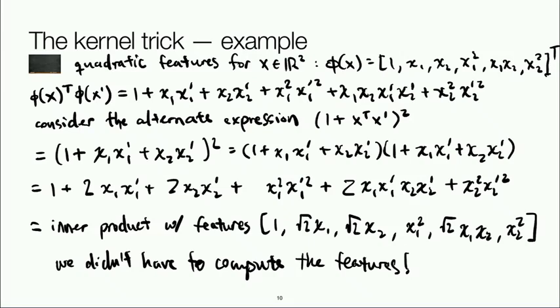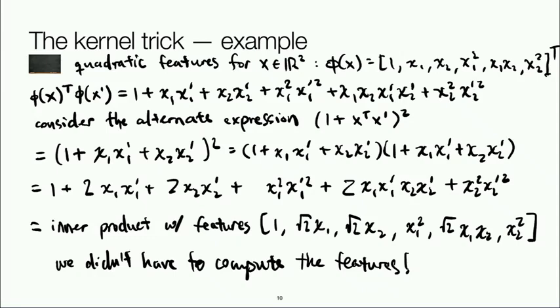Yes. How much do you have to worry if your p is greater, assuming you have more terms in the expansion? Great question. So what if we have something that's bigger than quadratic, right? What if p is 3 or 4 or 5, whatever, 100?